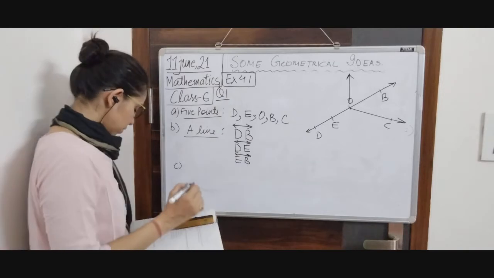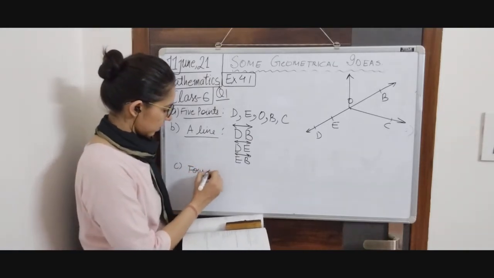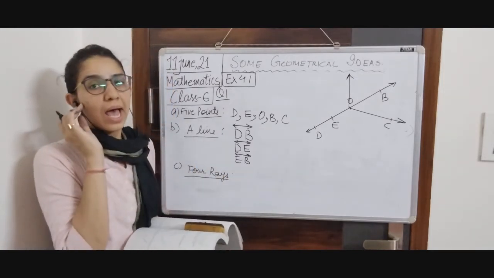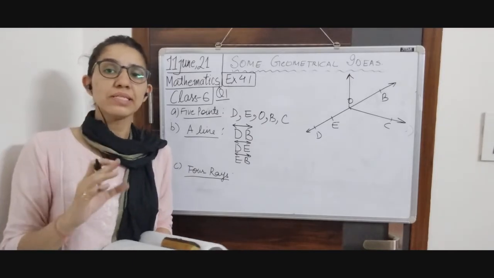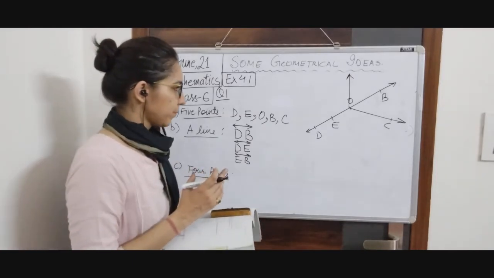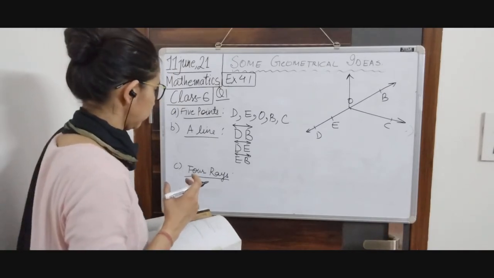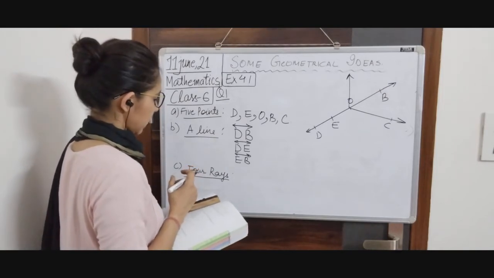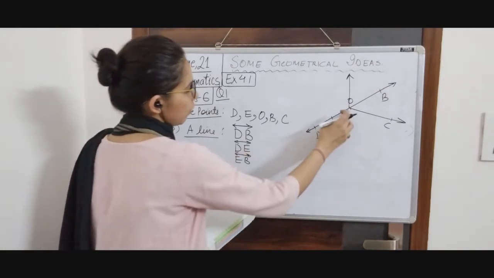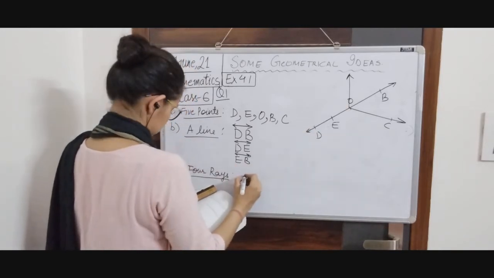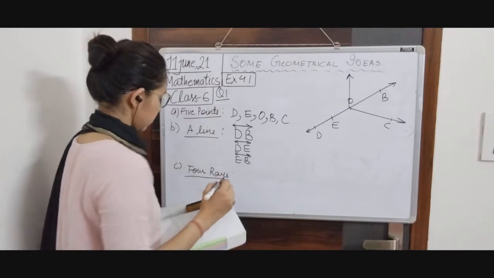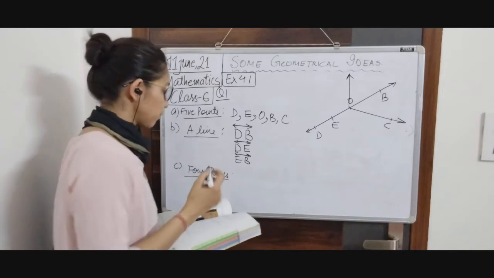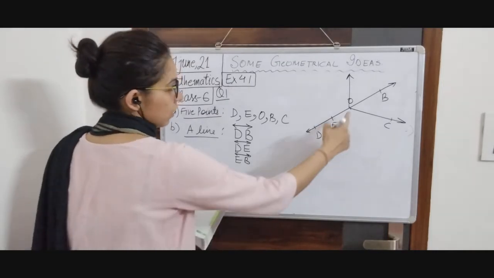Now the C part: 4 rays. 4 rays, meaning it should extend endlessly in one direction, and in the other direction it should have a starting point or initial point. The first one is OC.